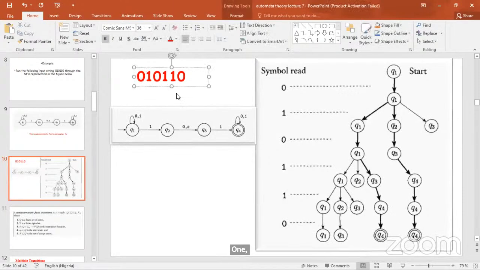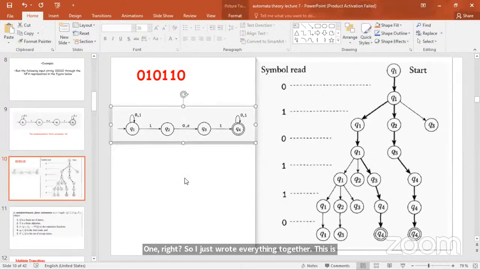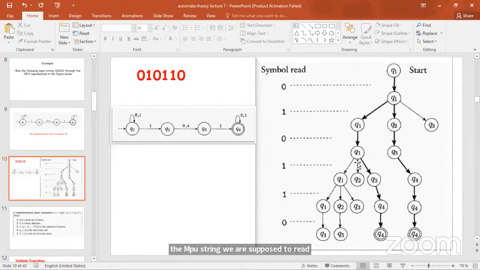This is the input string we are supposed to read. This is the diagram. Now, this is how it is done. So please pay close attention here so that once you get it once and for all, it becomes easy for you to do any similar parsing. Now, can you see the input string you're supposed to parse?